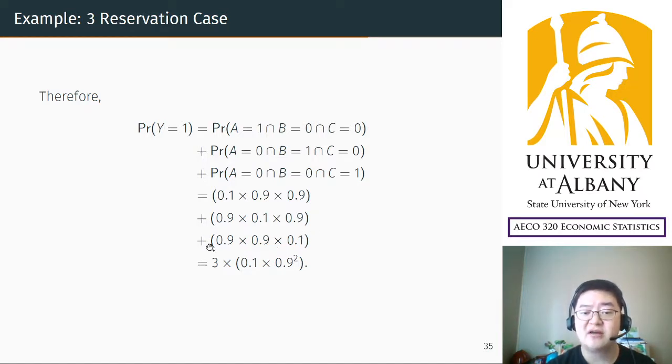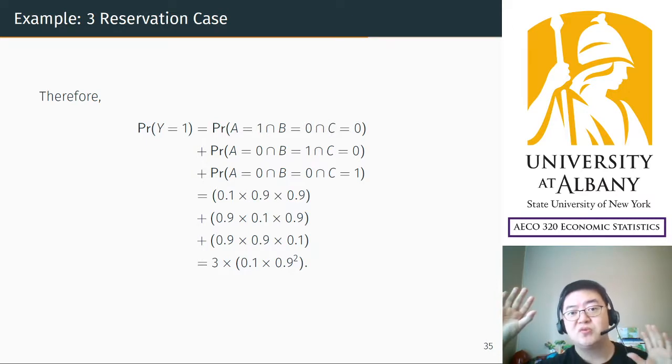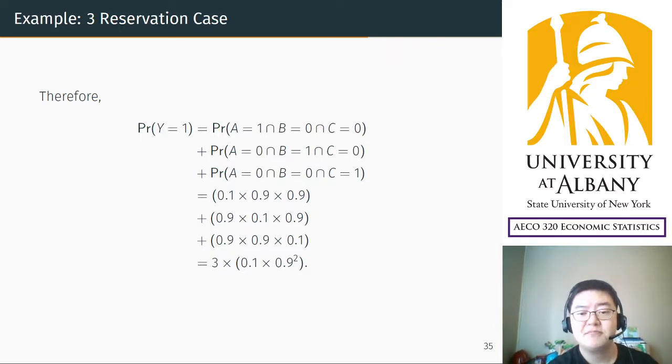And then they are summed because they are different outcomes. When you calculate the probability of an event, you have to sum the probabilities of the outcomes included in that event. Another interesting pattern here is that there are three possible outcomes, but each outcome has the same probability: 0.1 times 0.9 times 0.9.